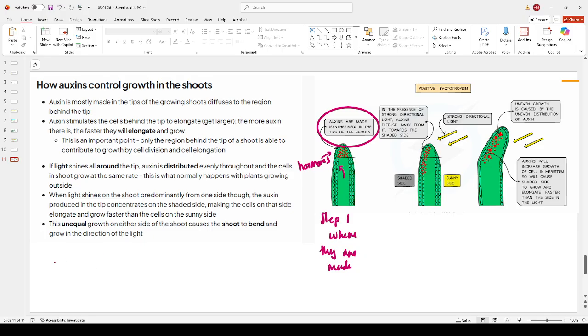Now, just a quick one. Auxins in shoots, okay, triggered by light, for example, for phototropism.